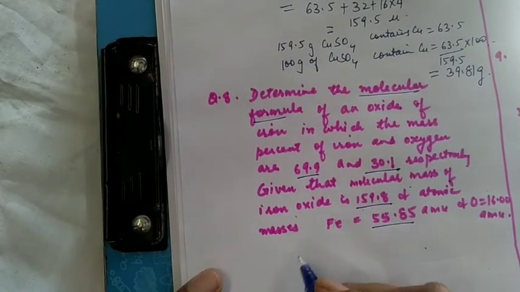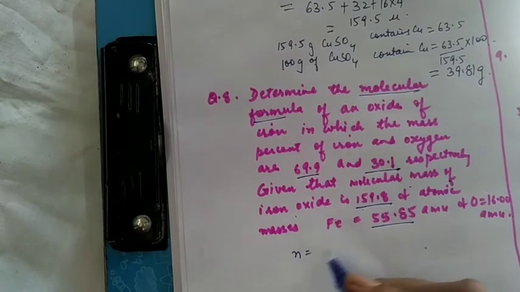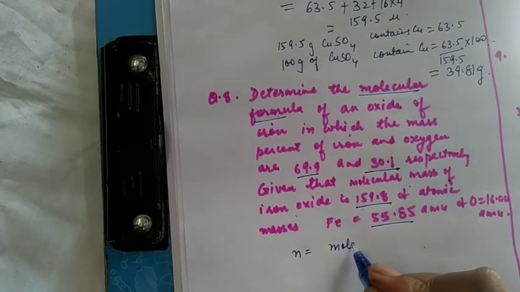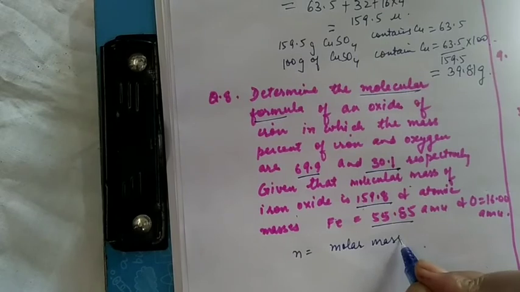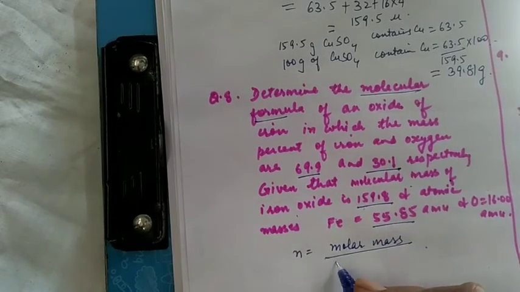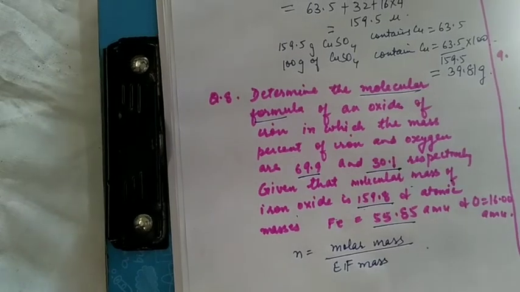And to find out N, the formula for N is molar mass or molecular mass divided by empirical formula mass.